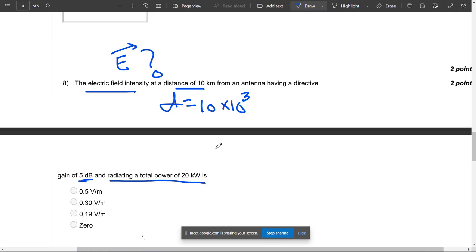The gain is given to us. Let's write the directive gain as capital D, which is 5 dB, and the total radiating power is also given to us. Electric field is asked.